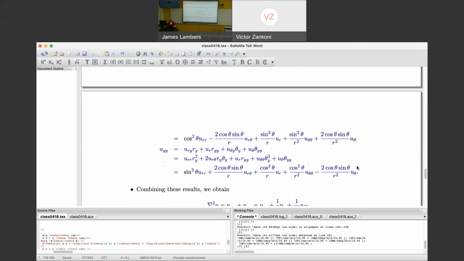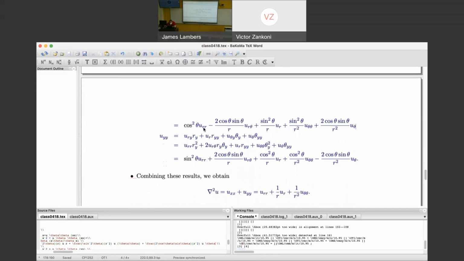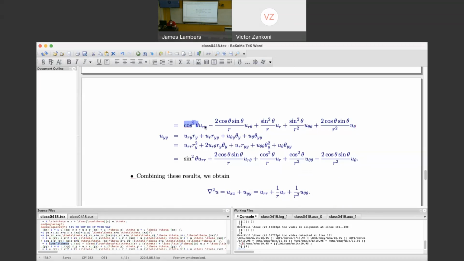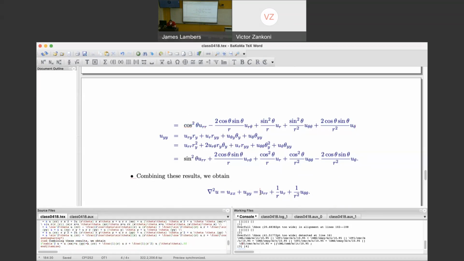Because now we're going to add these to get the Laplacian. We want u_xx plus u_yy, that's Laplacian in Cartesian coordinates. So now we add these together to get the Laplacian in polar coordinates. Well, here we have cosine squared u_rr and sine squared u_rr. Well, cosine squared plus sine squared equals 1, so these terms combine to give us just u_rr. These terms cancel.